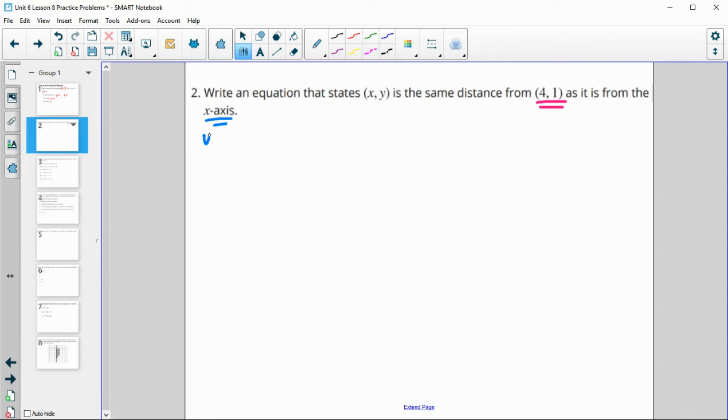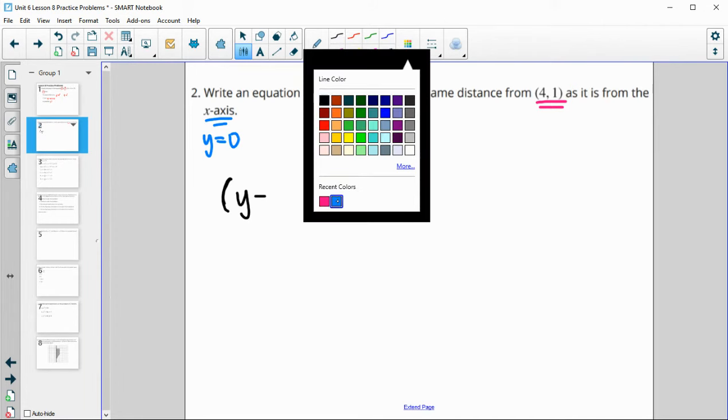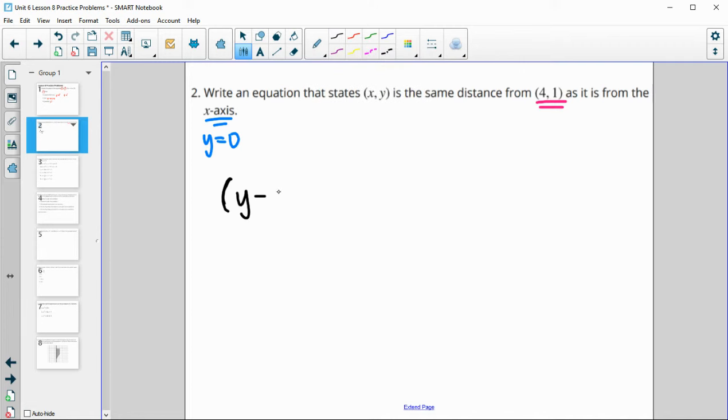This one I like to write as a y equals line. So the x-axis is the line y equals 0. If we remember when we're writing equations of parabolas, the distance to the directrix is the same as to the point. So on this side of the equation, we'll do y minus the y coordinate of your directrix. I'm just going to put y sub d, d meaning directrix.